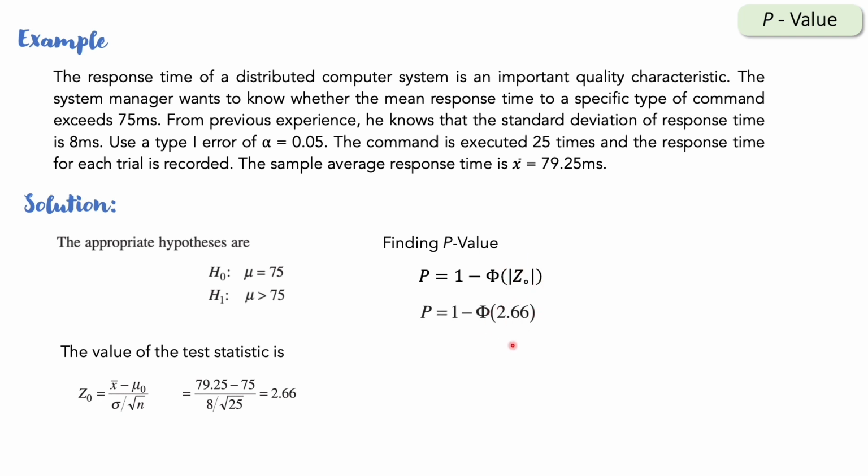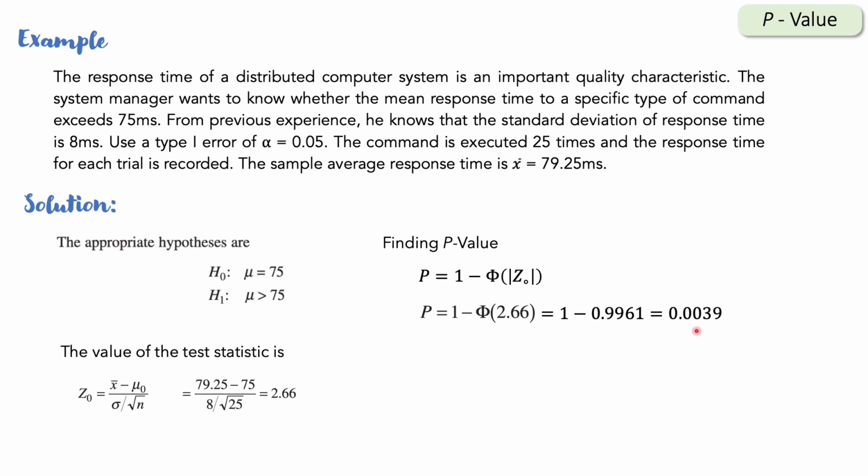Now we have to go back to that standard normal distribution and get the value of phi from there. When we go to the table, we find that its value is equal to 0.9961. Okay, now we subtract it from 1, we get 0.0039. Okay, now this is the value of p.